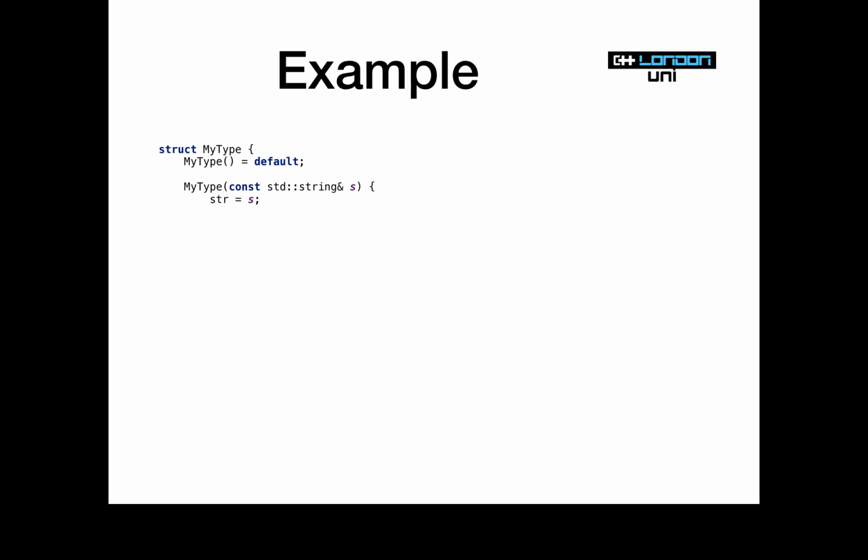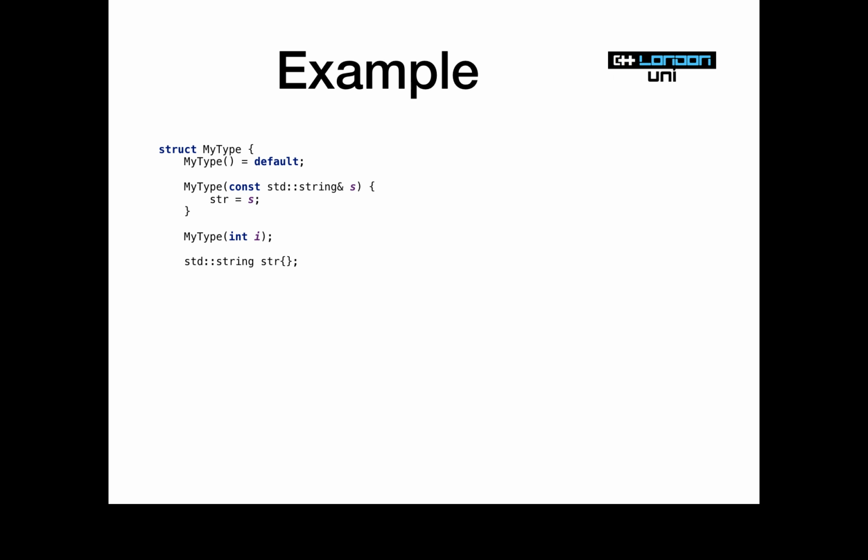So this is the same as we just had, except this time I've written the default constructor here as equals default. This says to the compiler, I want you to write this for me. And what that will do is default initialize all of our members. In this case, we've only got one member.